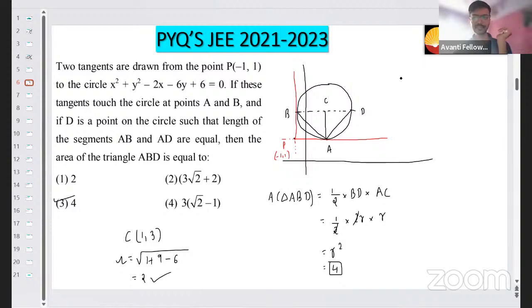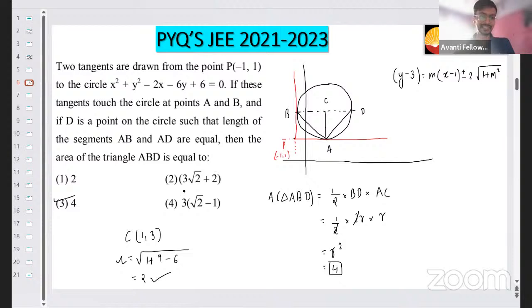So we can write the equation of tangent by shifting the origin. Center is 1, so y minus 3 in slope form, y equals mx plus minus r under root of 1 plus m square. So y minus 3 is equal to m into x minus 1 plus minus r, which is 2, under root of 1 plus m square.